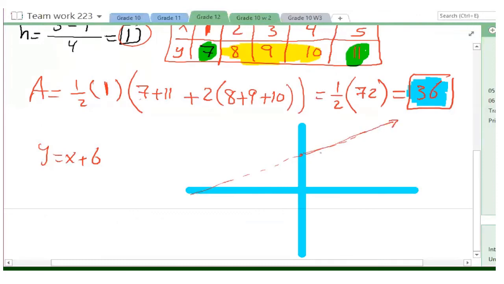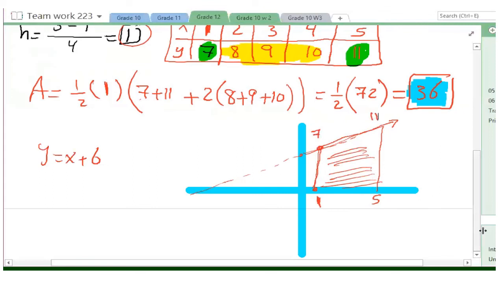And you wanted to find the area from 1 to what? To 5. Notice that the area from 1 to 5 is an exact trapezium. Look, it's an exact trapezium. This height is 1 plus 6, which is 7, and this height is 11.